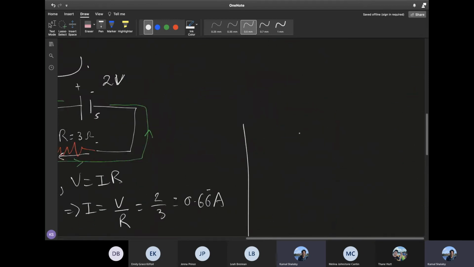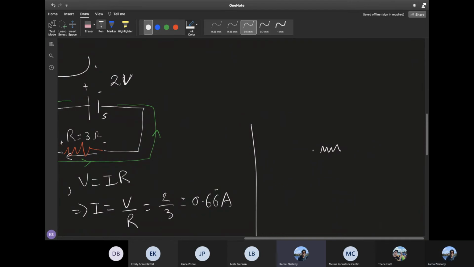Okay, so if we have this is a resistor, this is another resistor, and here's a battery.